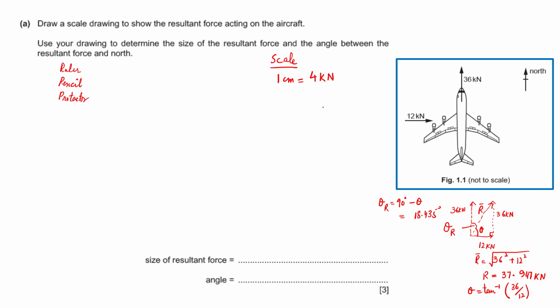So this line will be 3 centimeters, equivalent to 12 kilonewtons force, and this line will be 9 centimeters. I draw it a little longer. This is 9 centimeters, equivalent to 36 kilonewton of force. And make sure that this angle is 90 degrees.